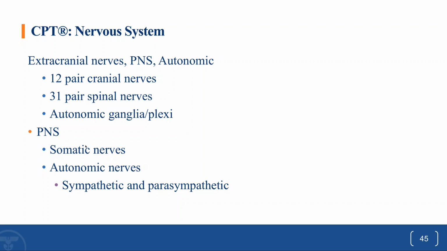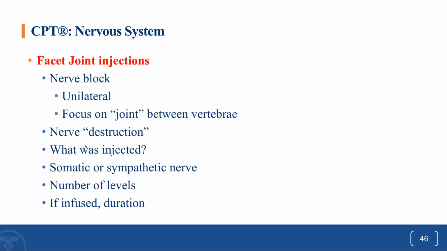Okay, I'm on page 392, and these are going to be the facet joint injections. Facet joint injections on page 392. Same thing. Just want to double check that. I'm going back to my reference page.